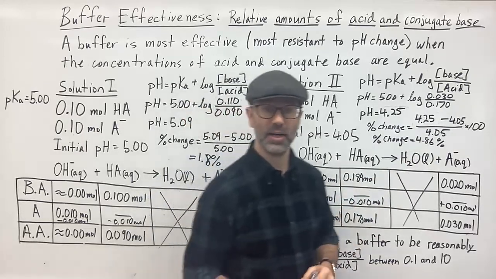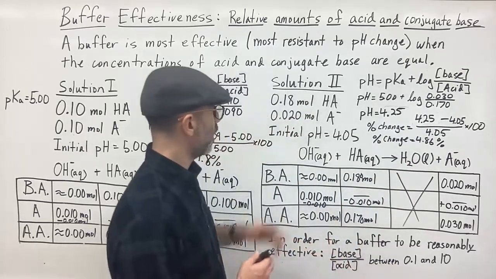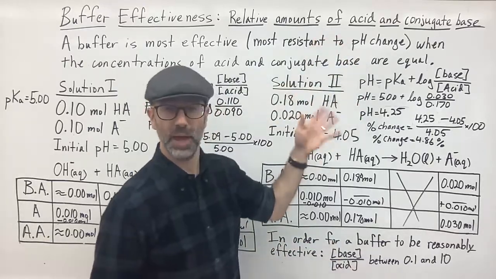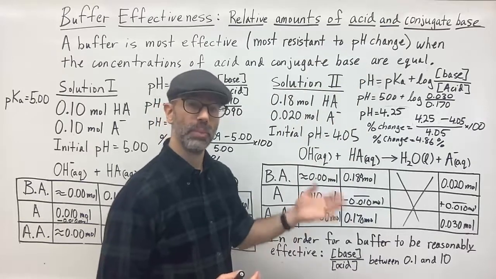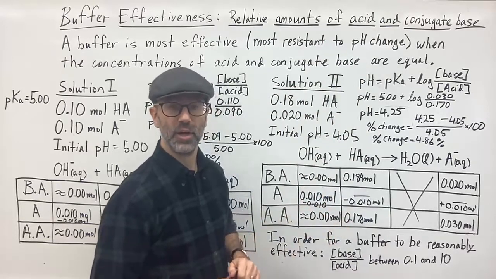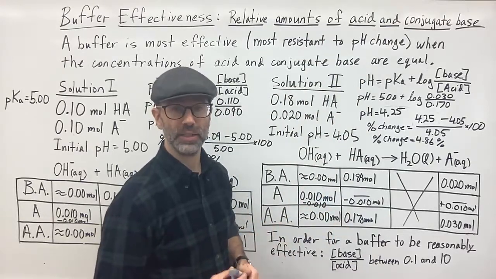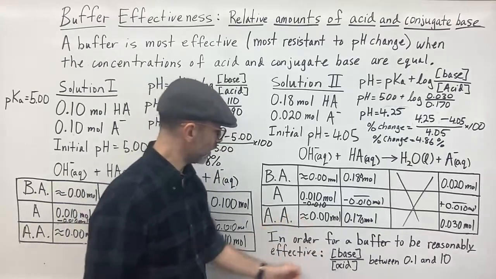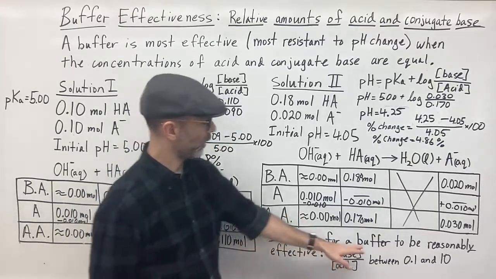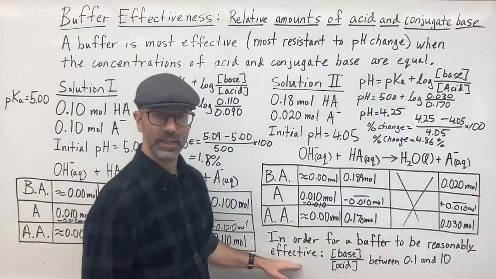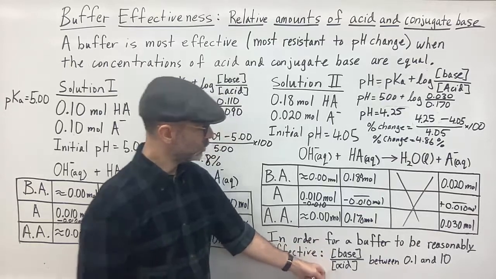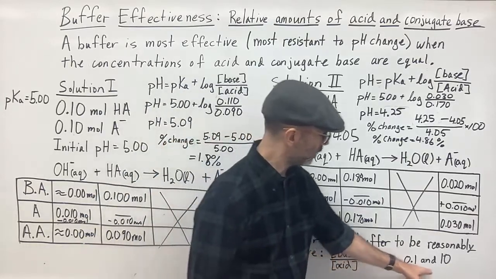So that is an example of how the relative amounts of the acid and conjugate base, or base and conjugate acid, is crucial to the effectiveness of your buffer. And so the upshot of this is that in order for a buffer to be reasonably effective, the ratio of base to acid should be between 0.1 and 10.